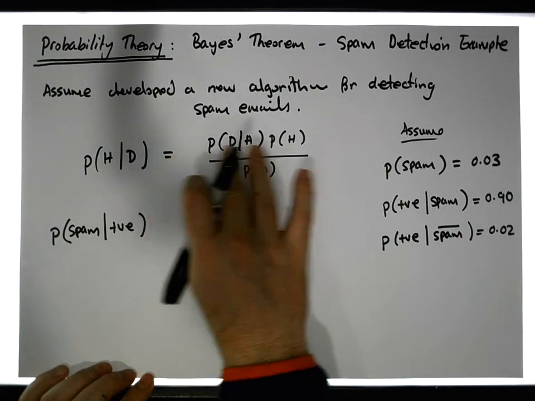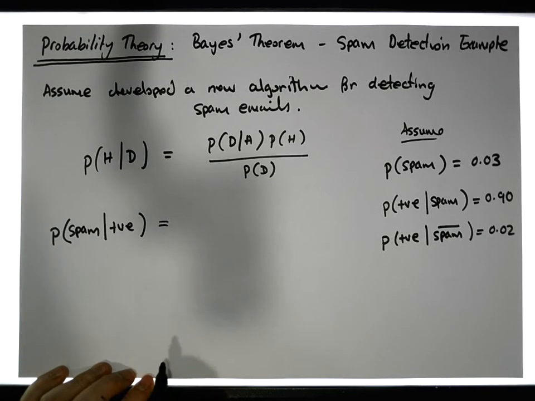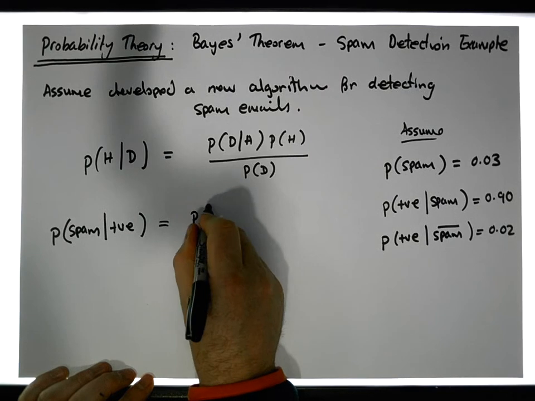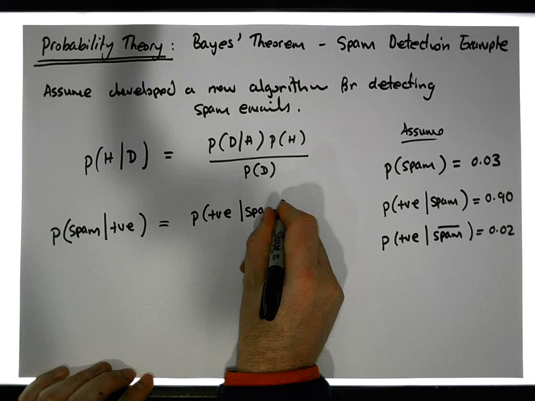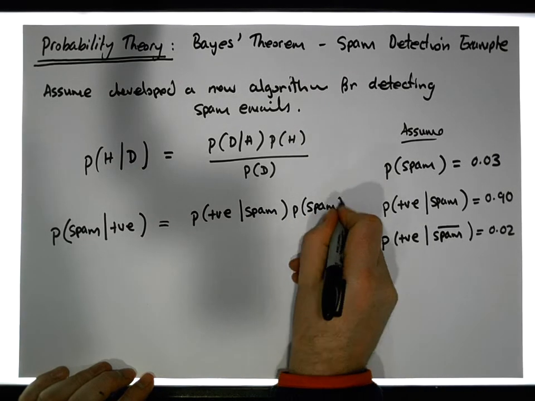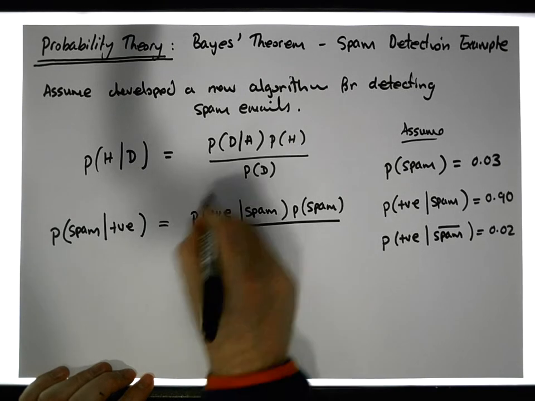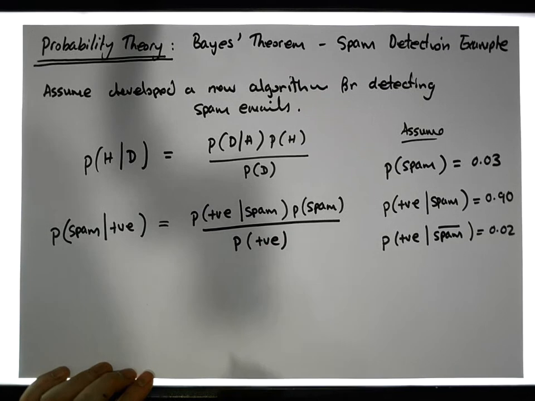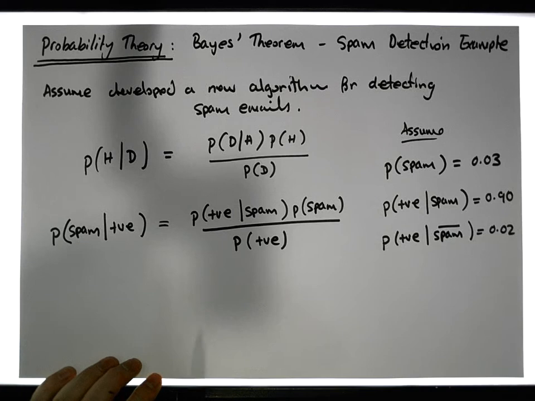Well, from Bayes' theorem, with spam being the hypothesis and positive being the data, here's the rule. It'll be the probability that we get a positive result, knowing that we gave it a spam email, times the probability of a spam email, divided by the probability of getting a positive result. Now, we've got most of the data that we require.